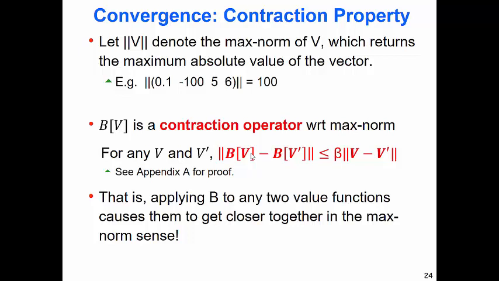Any two value functions, and you apply the operator, they get closer together. That's what it means to have a contraction property for an operator. There's a proof in the appendix. It's not a complex proof. You just need algebra more or less, and you write down the definitions.